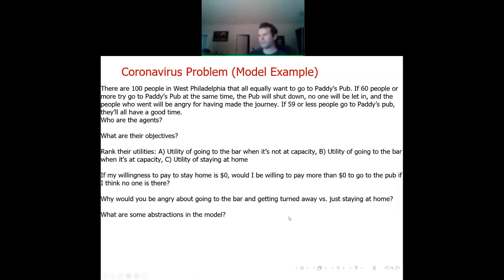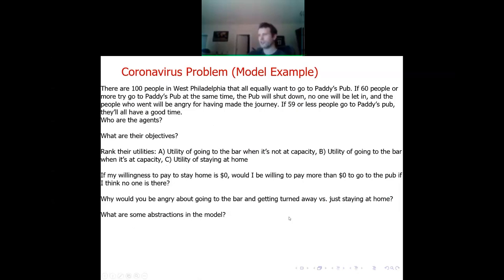And I would have made other plans if I knew I was going to be turned away. That's my opportunity cost. I incurred this opportunity cost of going to the bar and having made plans. And what did I get from it? I got nothing. I got no utility, but I paid an opportunity cost. So that's why I'm angry.